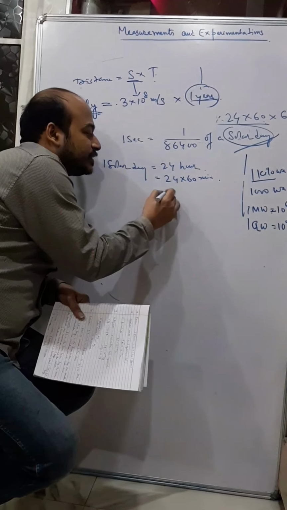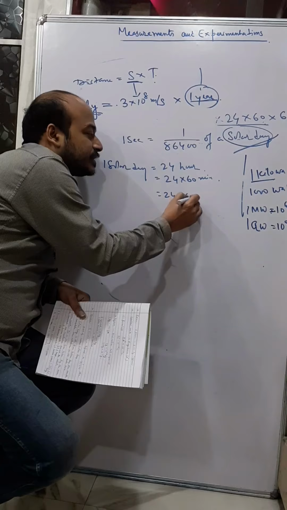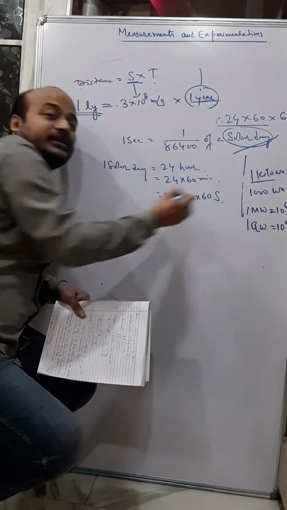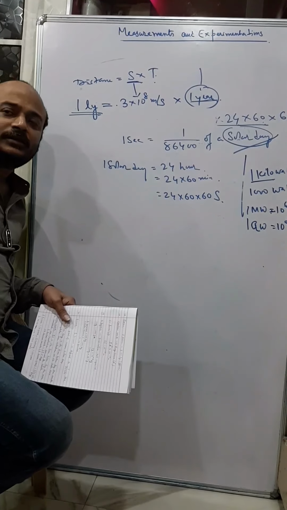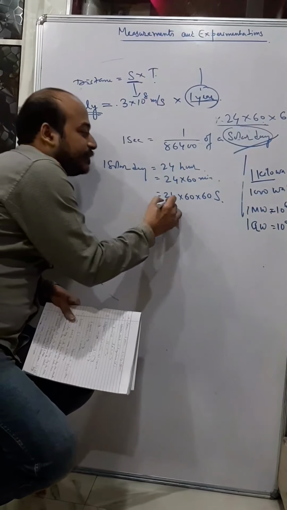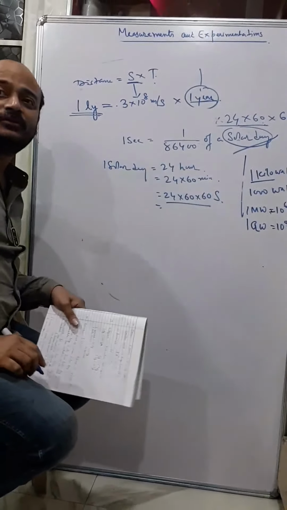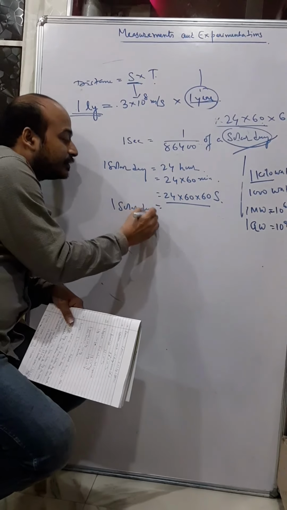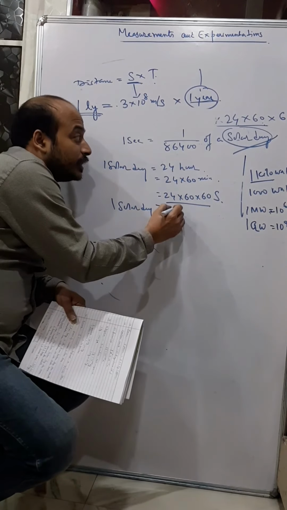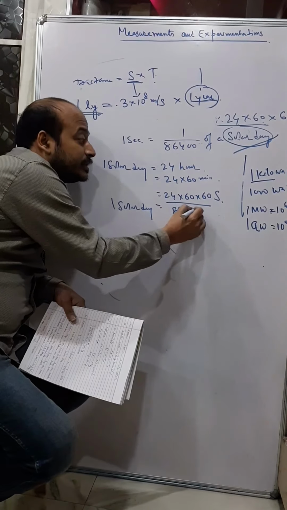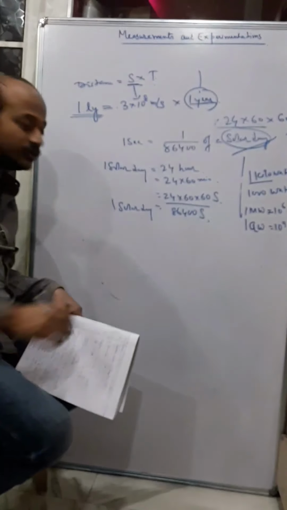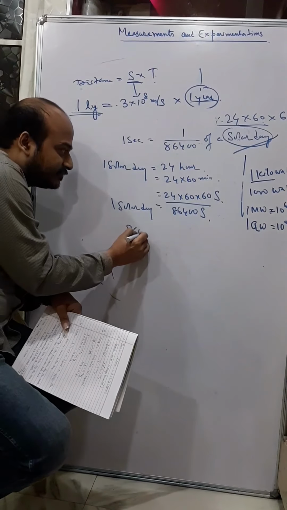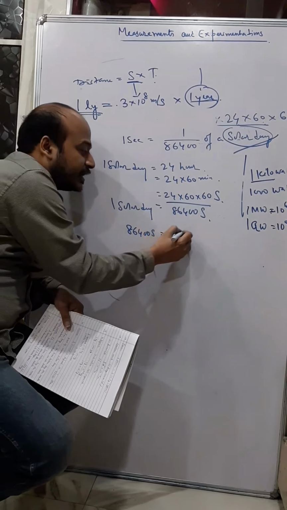And that actually means 24 into 60 into 60 seconds. Right? Now if you multiply this, you will get this value. So finally one solar day is equal to 86400 seconds.